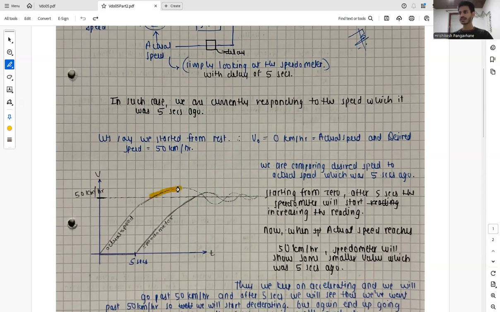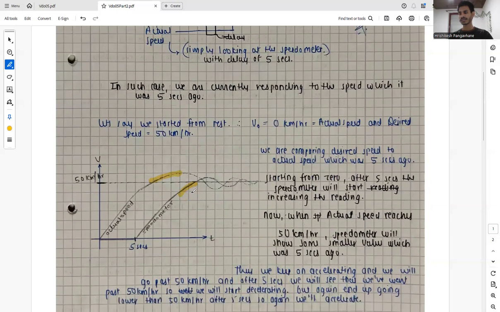After 5 seconds, our speedometer will give us a value past the desired value, so we see that we have gone past 50 kilometers per hour. So we start decelerating, and again we end up going lower than 50 kilometers per hour, and after 5 seconds we realize it. So again we accelerate, and this goes on, and we will reach a steady state.